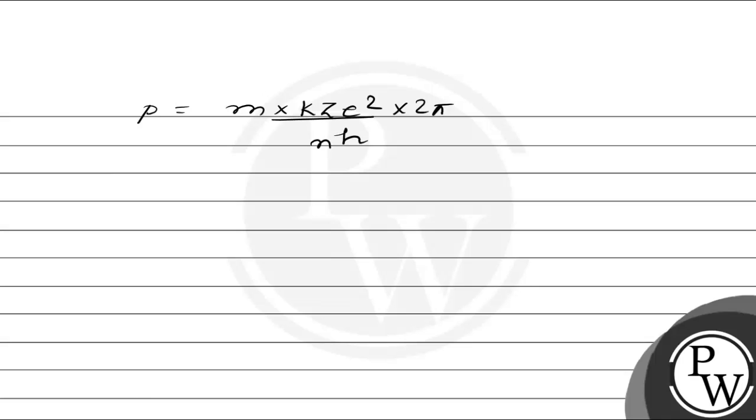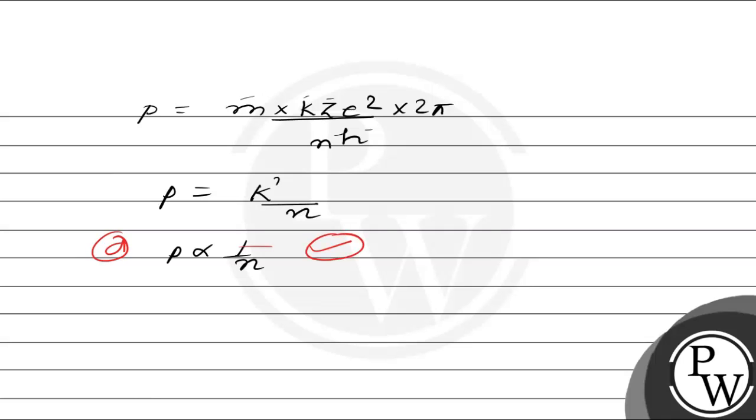So from here we can see m is constant, h is constant, k is constant, Z is constant, e square and 2 pi are constant. Again we can write linear momentum equals k dash upon n. From here we can see p is proportional to 1 upon n, and option D says the same. So option D is also correct.